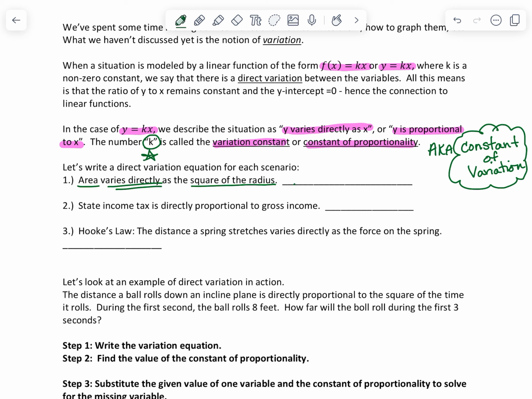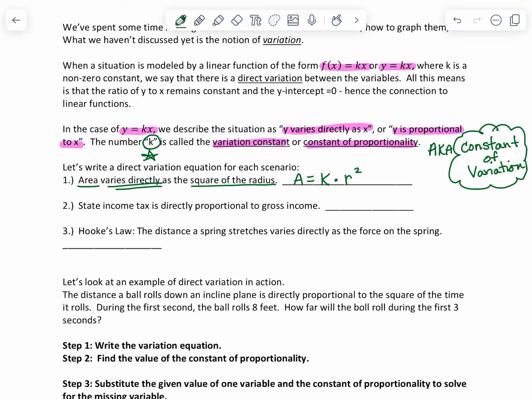So we're going to call area A equals, varies directly, so we know we're going to have k times the square of the radius, that would be r squared. So the equation of variation for this scenario would be A equals k times r squared.